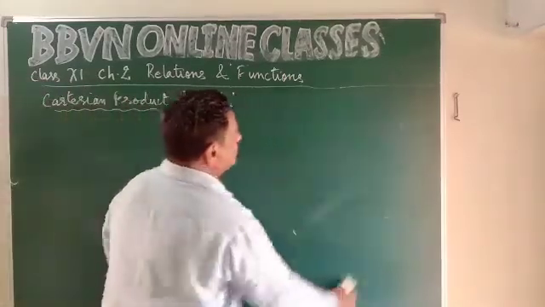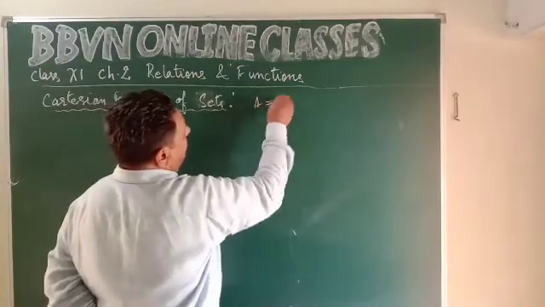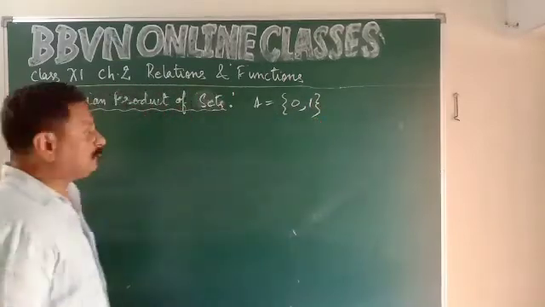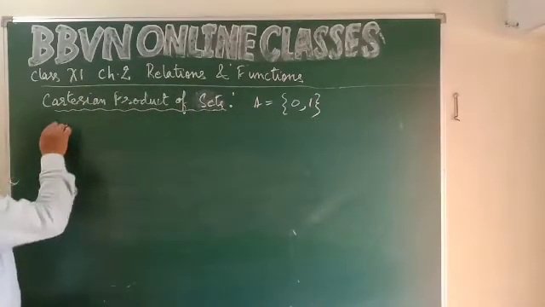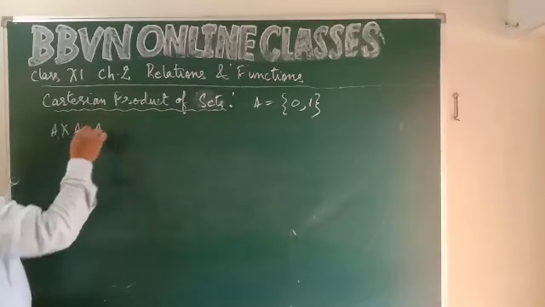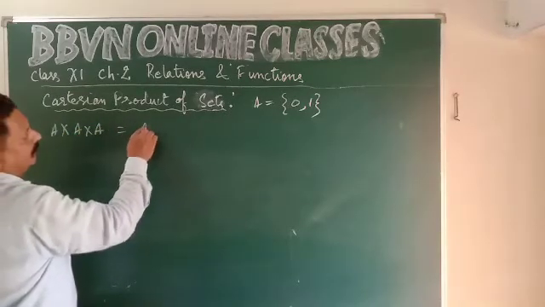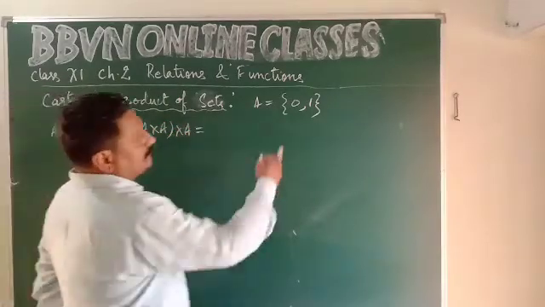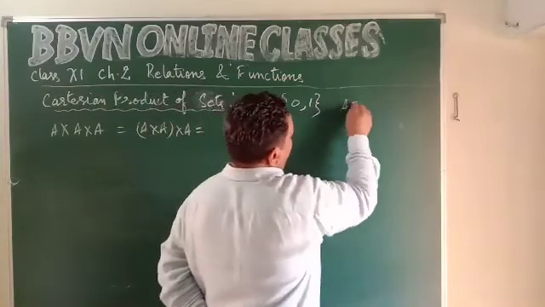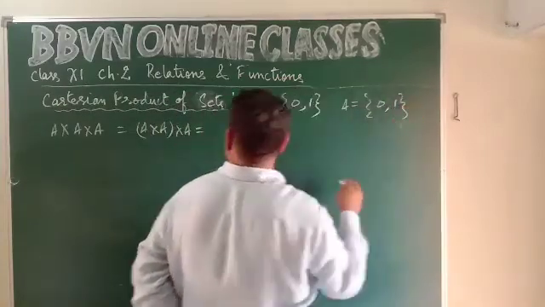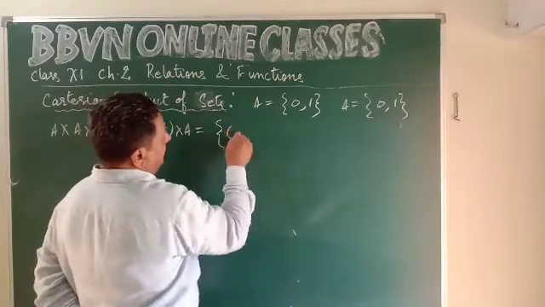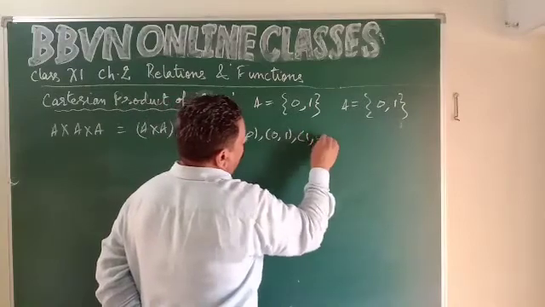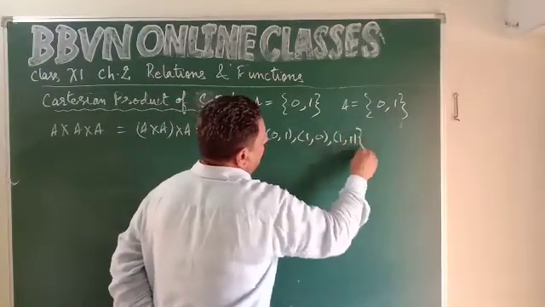Okay, let's see. Set A is equal to 0, 1. Let's find out what A cross A is. It is simple. A cross A cross A. Now let's see A cross A. This is A, again A, 0, 1. So A cross A is 0 0, 0 1, 1 0, 1 1.